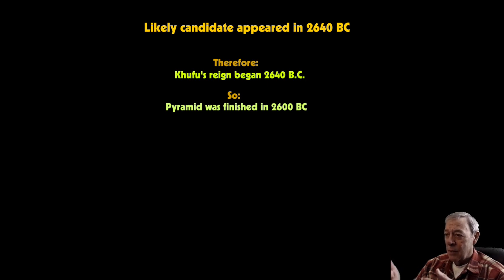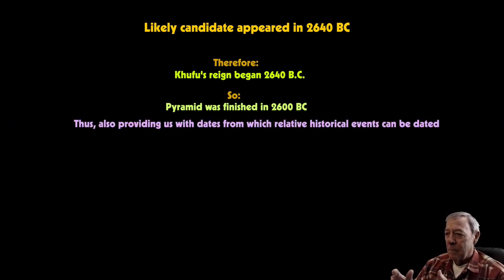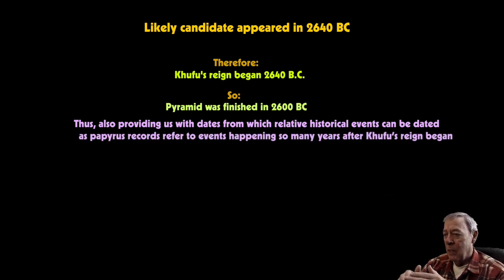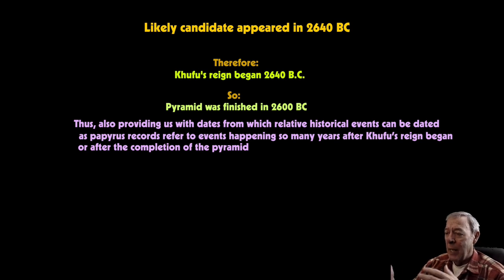Now that is the date that we believe Khufu began reigning, but I don't know how that was established. I just made that part up. But in any case, we've got 2 dates here that we can use. So this provides us with dates from which historical events can then be dated, either so many years before Khufu's reign, or so many years after his reign, or after the pyramid was built, or before it was built, or whatever. We now have relative dating of historical events.